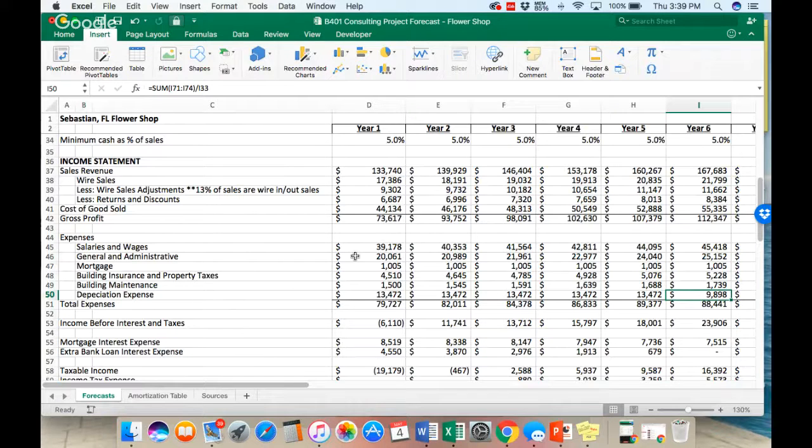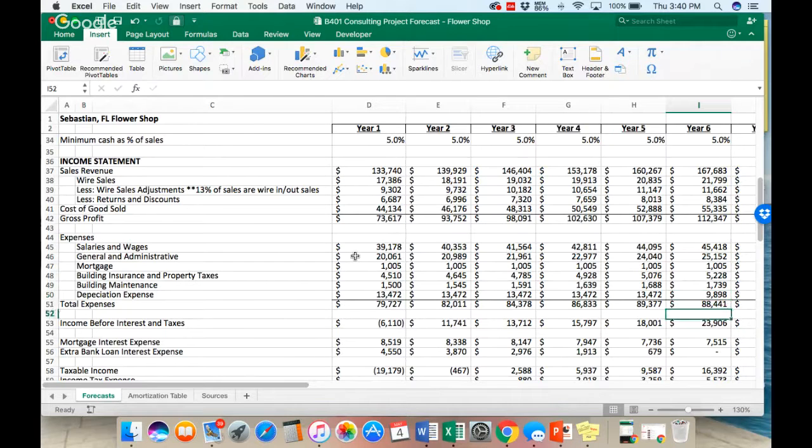So for year 6, there's only 2 assets being depreciated. So we took each of their depreciable years and divided it by 2, and then obviously divided it by the total value of the assets. So that's how we came to that.